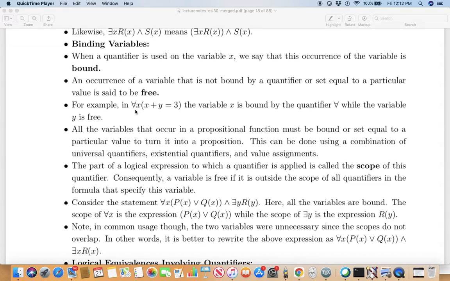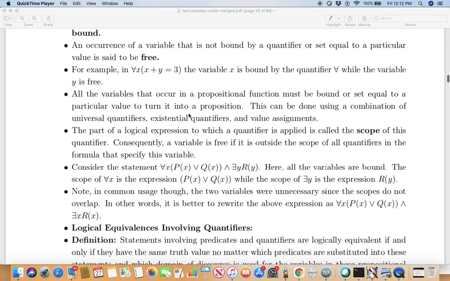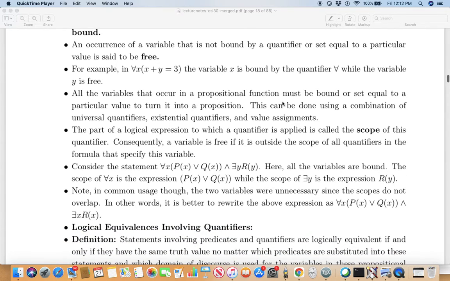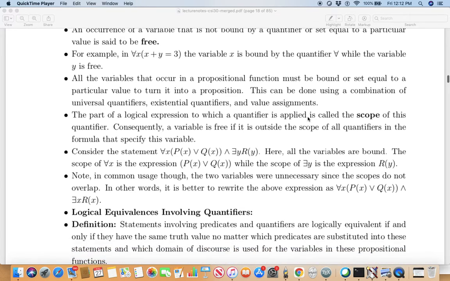For example, for all x, x plus y equals 3, the variable x is bound by the quantifier for all, while the variable y is free. Okay? All the variables that occur in a propositional function must be bound or set equal to a particular value to turn it into a proposition. This can be done using a combination of universal quantifiers, existential quantifiers, and value assignments.